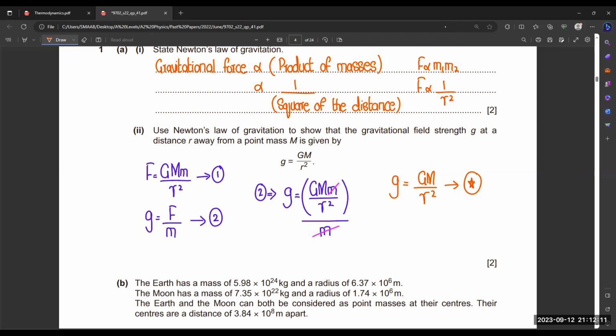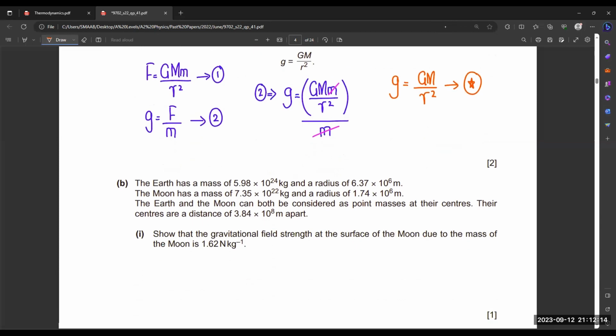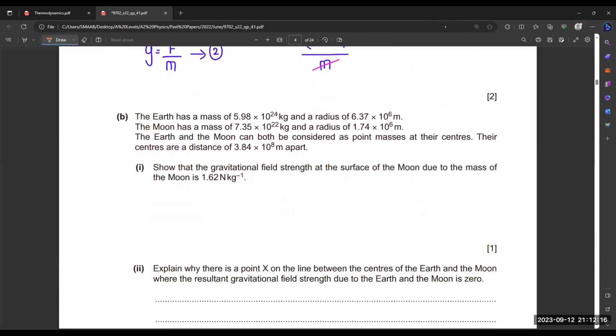And let's suppose we consider the next part. In the next part, there are some values given. The earth has a mass of, this is the mass of earth, and this is the radius of earth. Same goes for the moon.